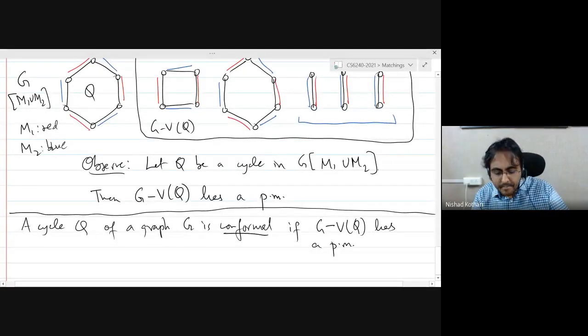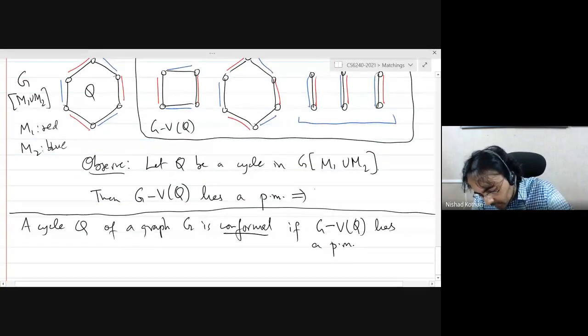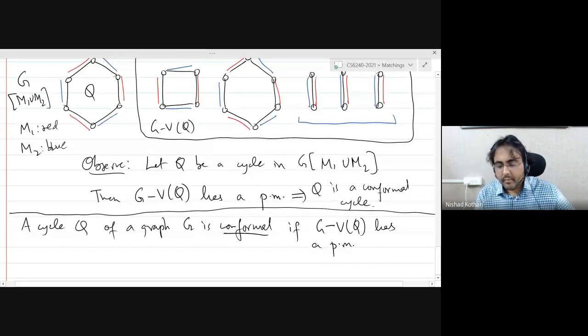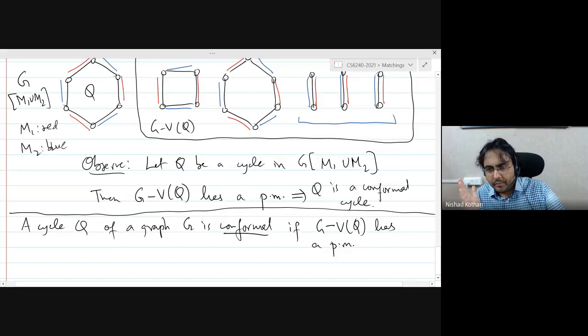Right? So in other words, this Q is a conformal cycle. So every cycle that is M1, M2 alternating, given two perfect matchings M1 and M2, is a conformal cycle. It has the property that when you delete the vertices, the remaining graph has a perfect matching.